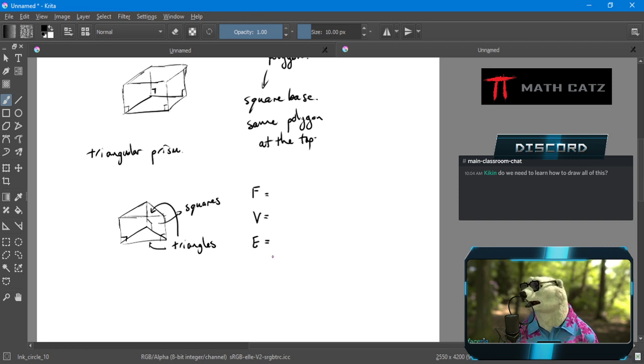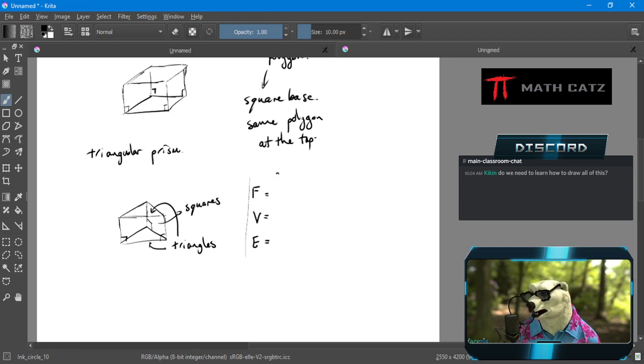It's nice to be able to draw some basic prisms, yes, but just like for truncation, you just need to be able to understand what the shape looks like and be able to find the faces, the vertices, and the edges, and what kind of faces.